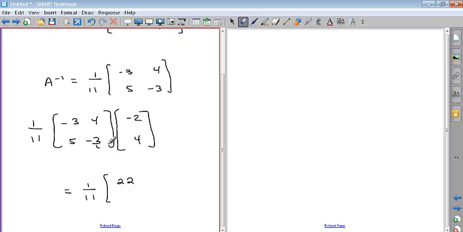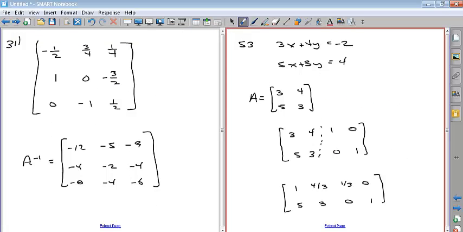And then the second entry is 5 times negative 2, which is negative 10, and negative 3 times 4, which is negative 12, so that becomes negative 22, which ultimately, if you divide both by 11, you get 2, negative 2. So what that's saying is that from the original equation, x equals 2 and y equals negative 2.